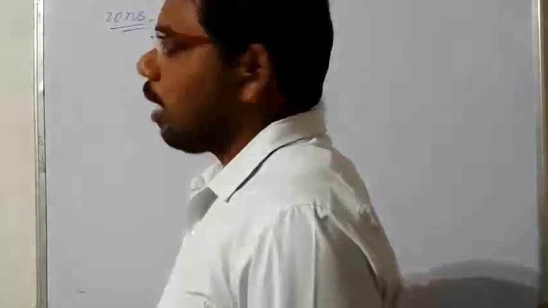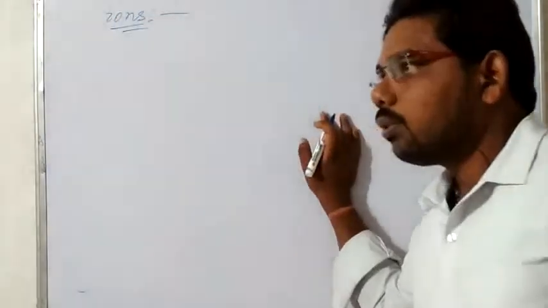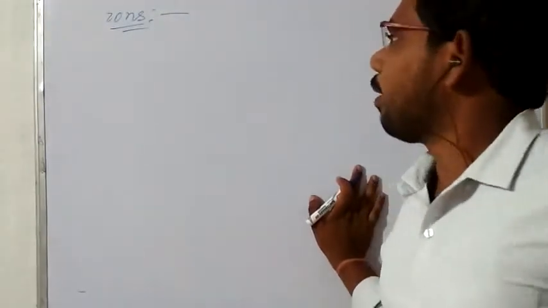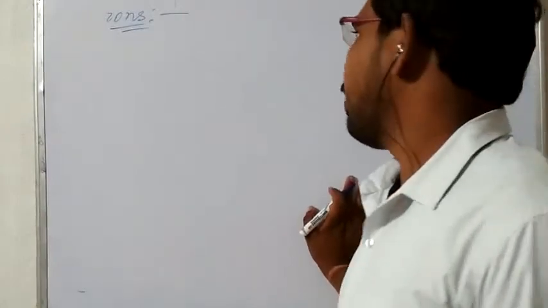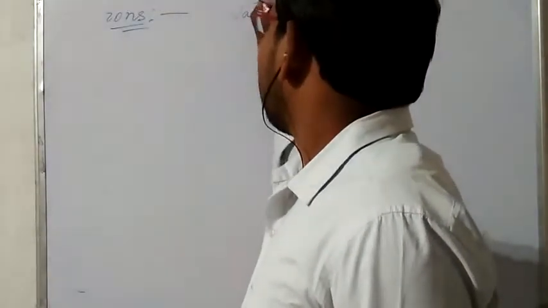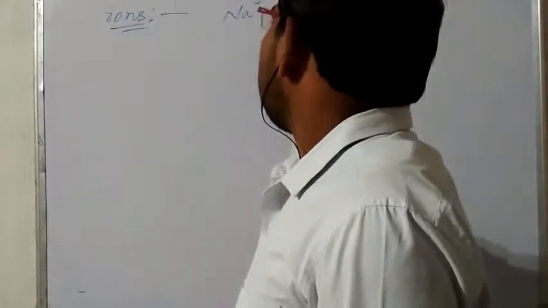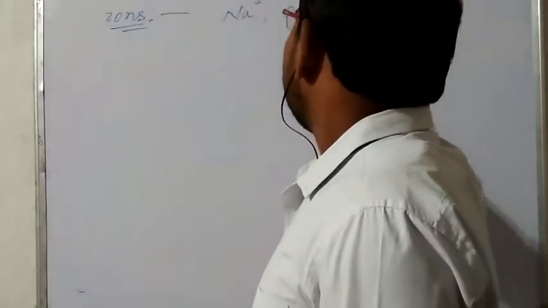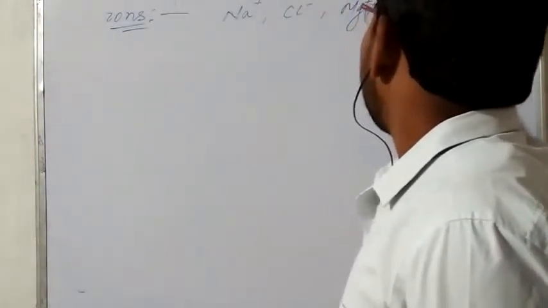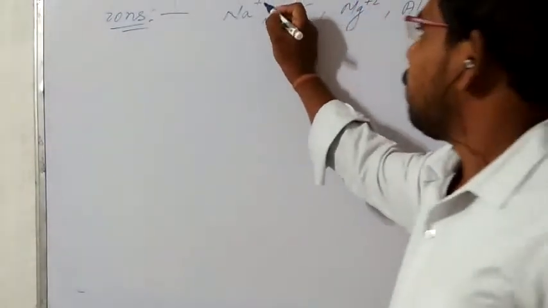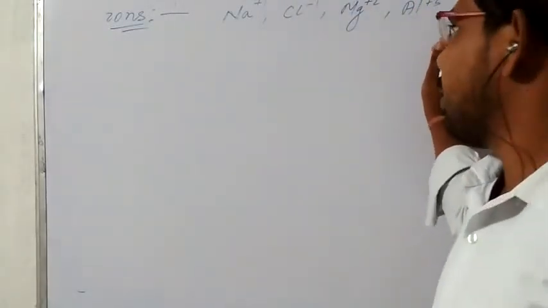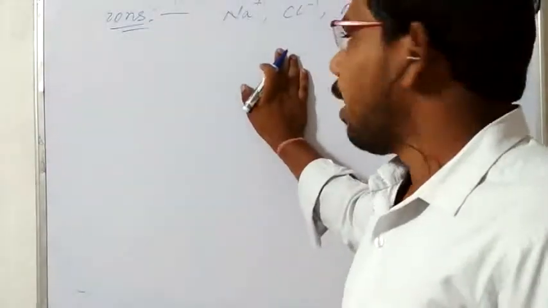Okay, so what are ions? The residual charge present in an atom is known as an ion. Suppose Na plus 1, Cl minus 1, Mg plus 2, Al plus 3. These charges, plus 1, minus 1, plus 2, plus 3, are called ions.